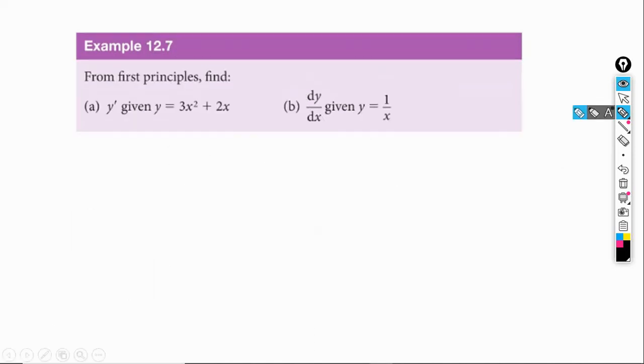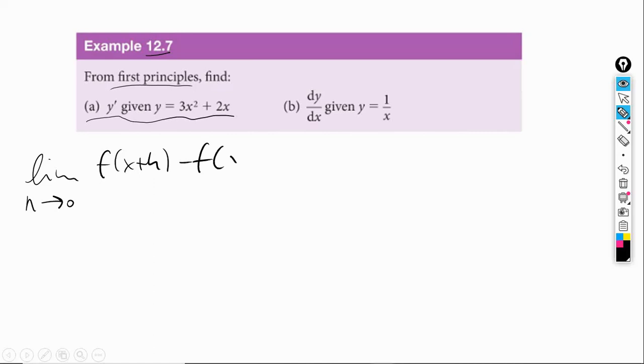Very well, so here we are on example 12.7. And again, from first principles, find the derivative of y given that y equals 3x squared plus 2x. So again, this is applying the same principle. So this would be the limit as h approaches 0 of f of x plus h minus f of x over h. So we're doing it from first principles.